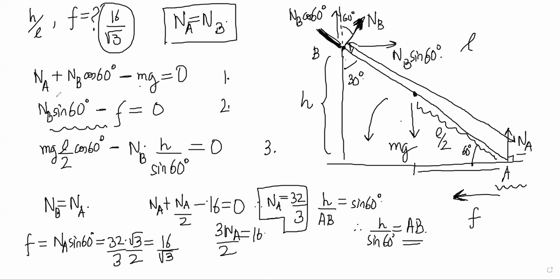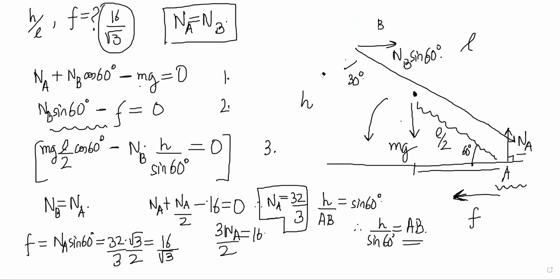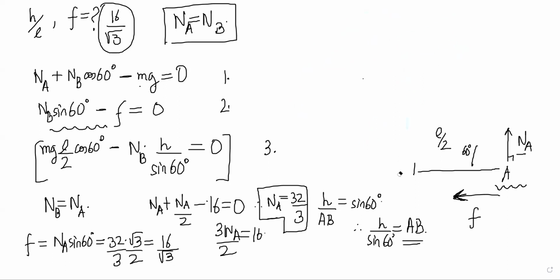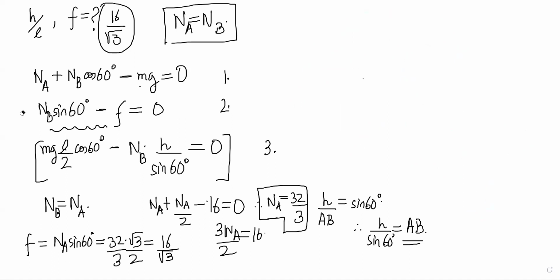That is one answer. And now from this equation, we should get H by L. So we will simplify it here. Let's rub it off a little bit. What we get from the torque equation is mg L by 2 cos 60, which is half, equal to NB H into root 3 by 2, which is sine 60.